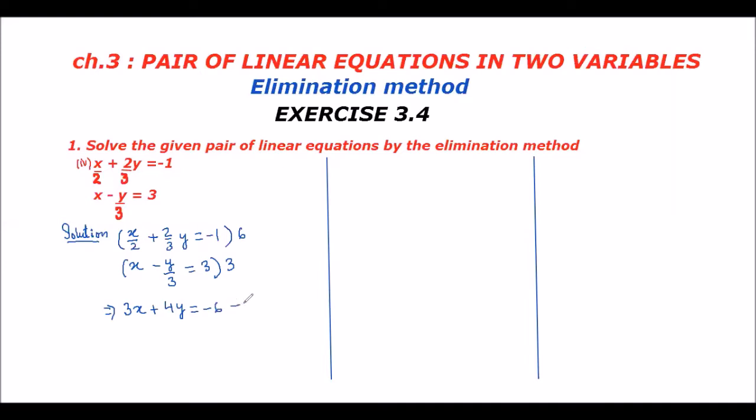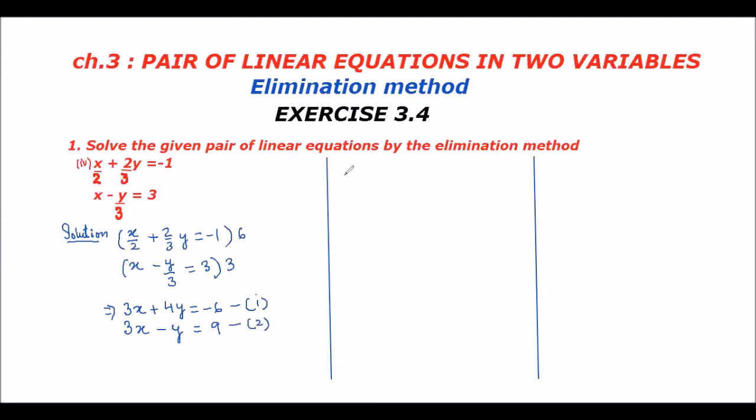This will become your first equation now. And when you multiply the second equation by 3, it will be 3x. When you multiply the 3 with the 3 in the denominator, they cancel, and you are left with only y equal to 9. And this will be the second equation.